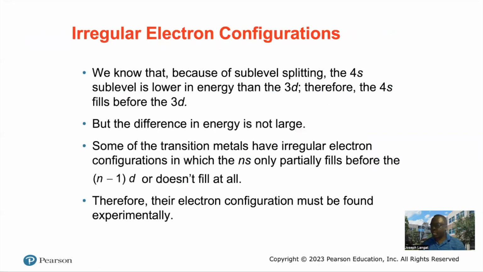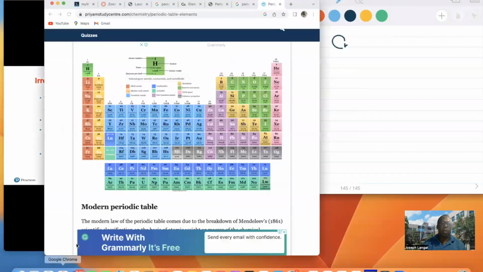Within the first 30 elements, chromium: if someone asks you to write the electron configuration for chromium, Cr, number 24, we look at the periodic table. Chromium is number 24 here.